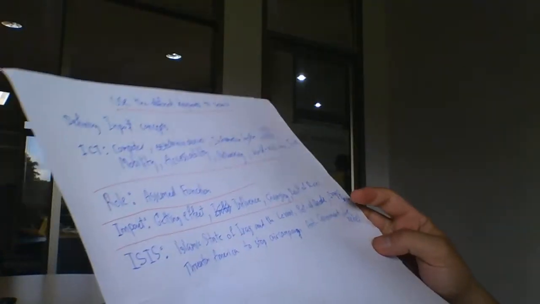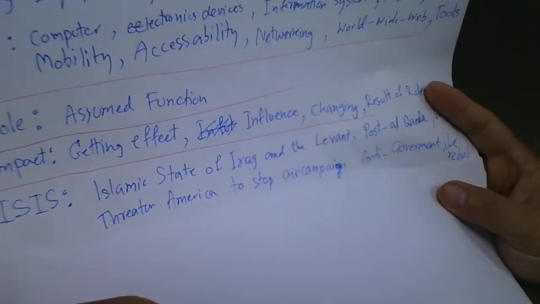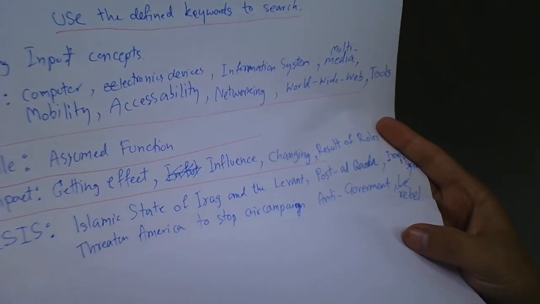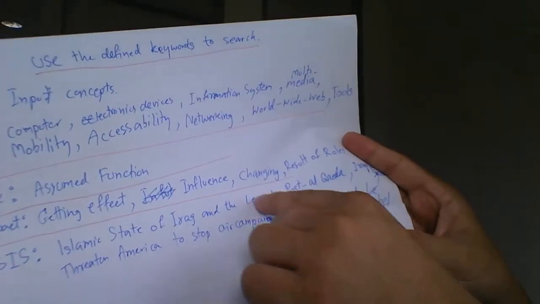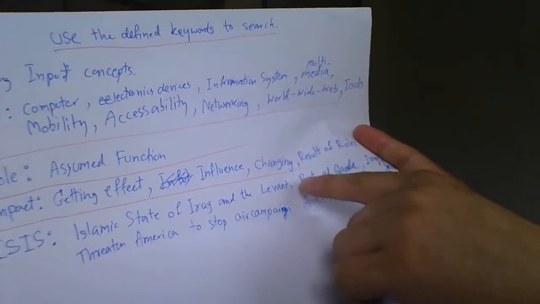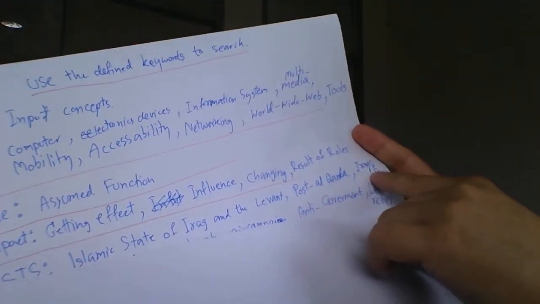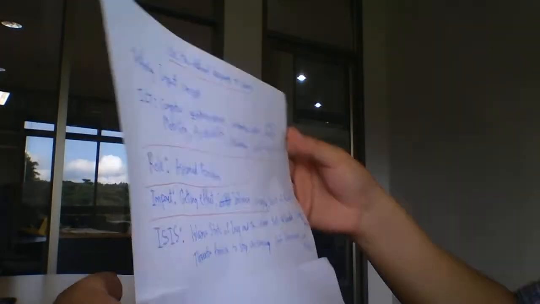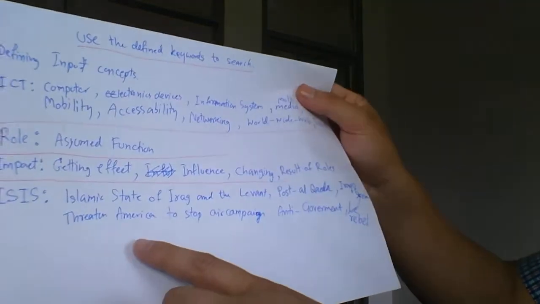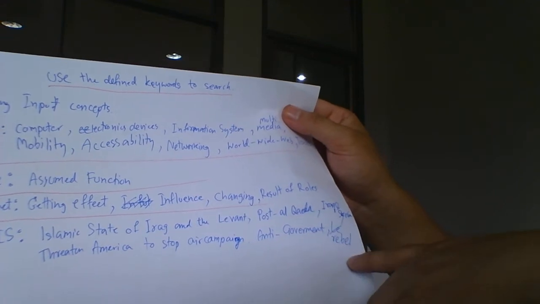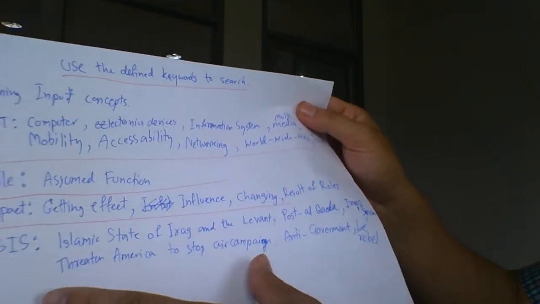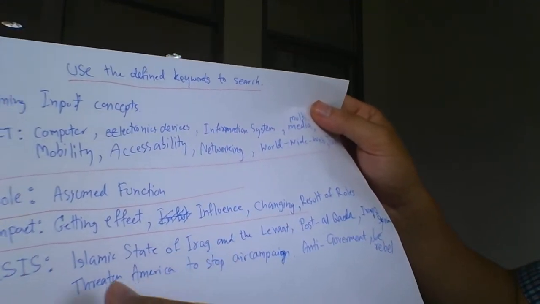So ISIS, what is the keyword ISIS? ISIS is called Islamic State of Iraq and Syria. This is not correct. It's post Al Qaeda, Iraq and Syria area, threaten America to stop air campaign, anti-government, rebel. There are many concepts which relate to ISIS.